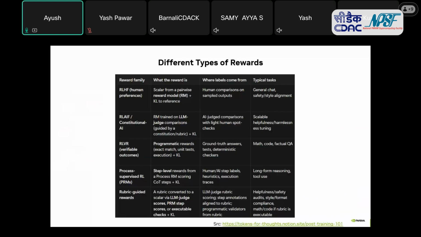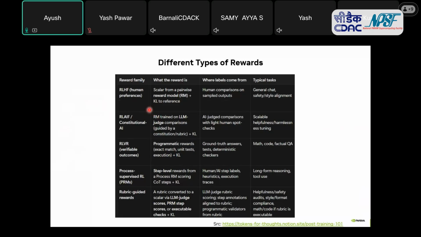And now coming to the different kinds of rewards, as I mentioned, there are different types of rewards that are helpful in aligning the model and improving its capability. RLHF helps the model excel in general chats and align its safety behavior by leveraging reward models trained from human preferences.